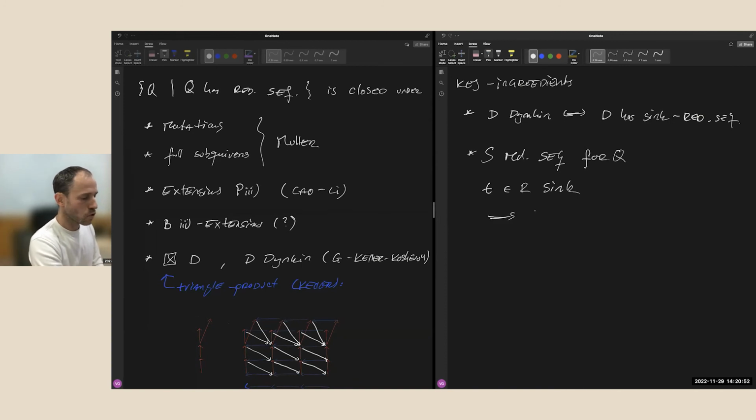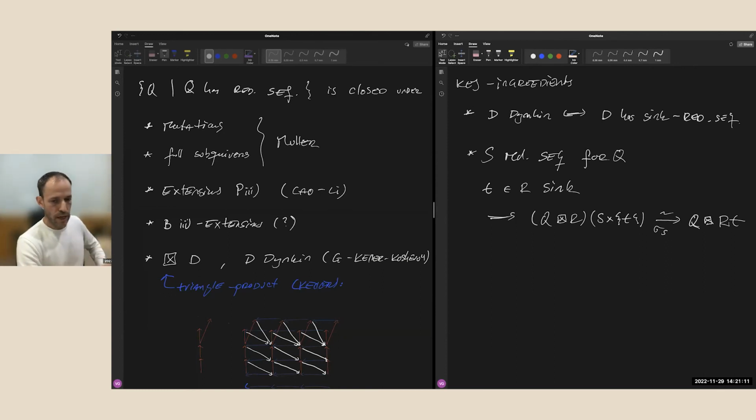And then one shows that the triangle product of Q and R mutated at S times D is, by the automorphism associated to S, isomorphic to Q triangle product R mutated at T, where I mutate just R at the same T. And this follows from a generalized mutation rule.